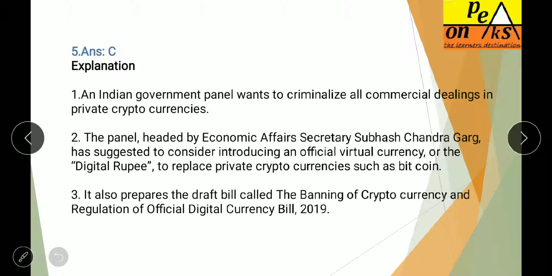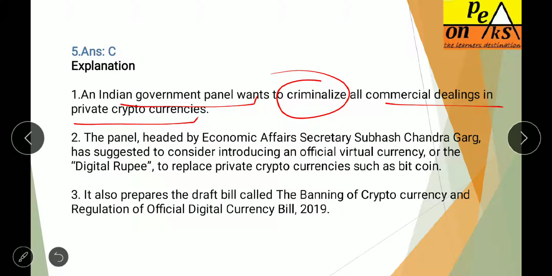An Indian government panel wants to criminalize all commercial dealings in private cryptocurrencies. So it recommends the criminalization of all private cryptocurrencies. The panel headed by Economic Affairs Secretary Subhash Chandra Garg has suggested introducing an official virtual currency, that means one backed by the government.